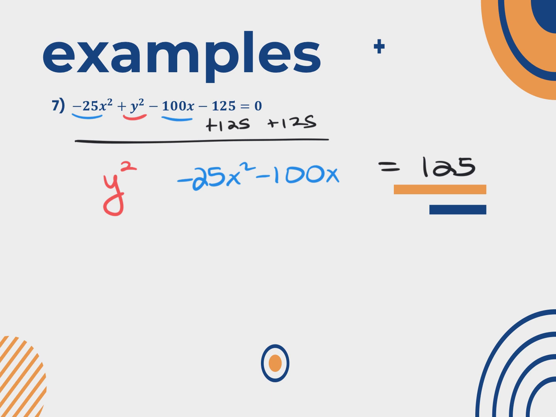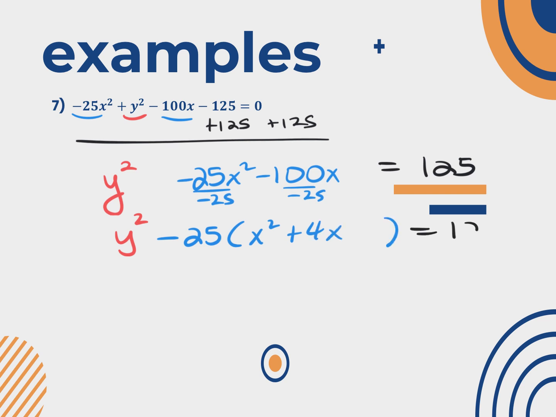No b term on the red here, so we can just leave it for now. I need to divide out a negative 25 here. So negative 25 times x squared plus 4x, leave a blank space, equals 125.